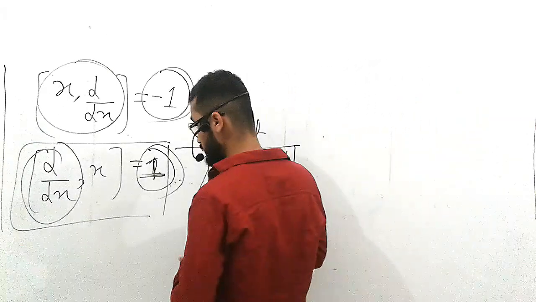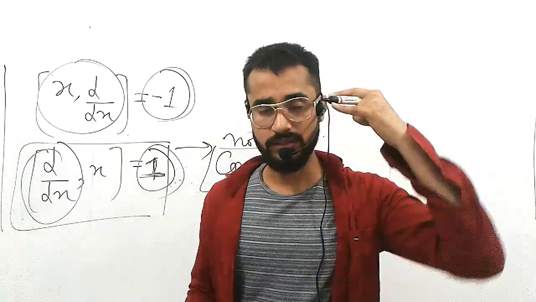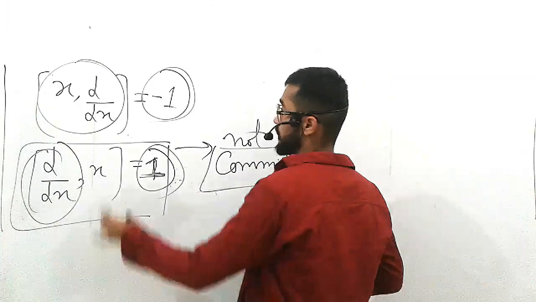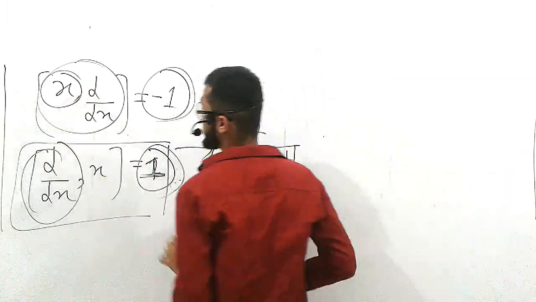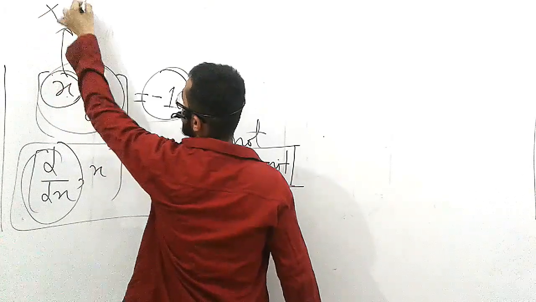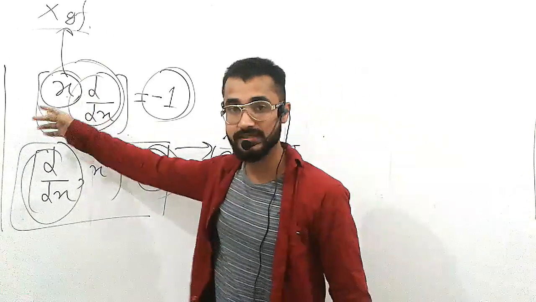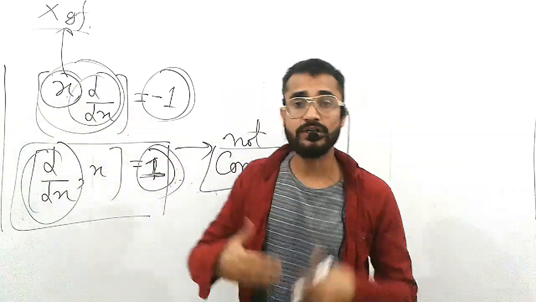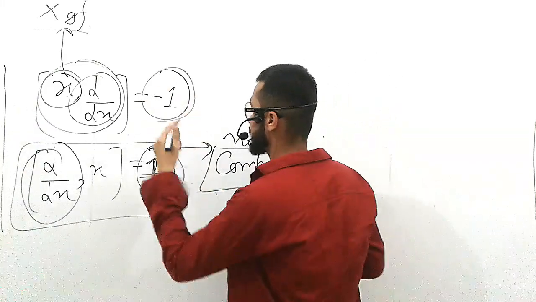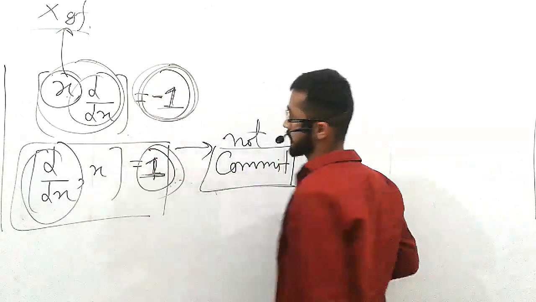Now look, the trick to remember it: I will say x means x girlfriend, and this is d by dx. When girlfriend is x, what comes in life? The negativity. So the trick is we remember negativity and 1.